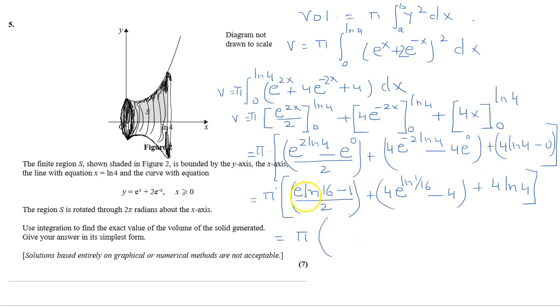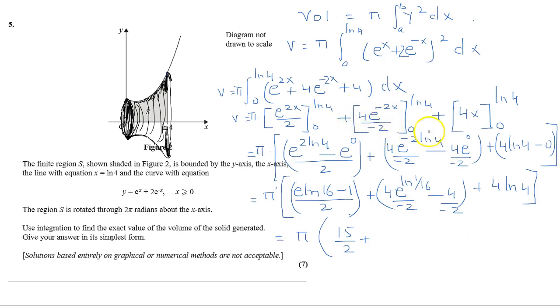Now let me simplify it. e to the power ln 16 is 16 minus 1, 15. So 15 over 2 plus, this is minus 2 also, minus 2 over 16.